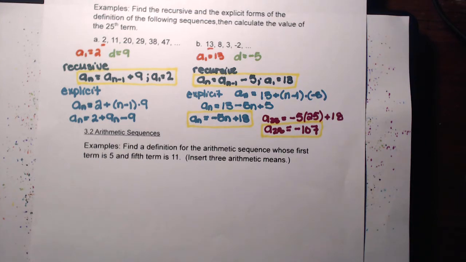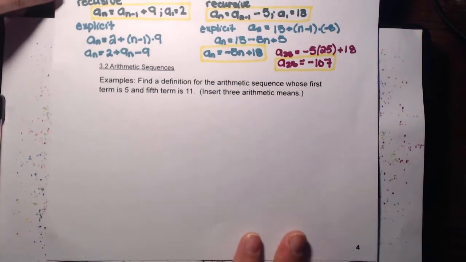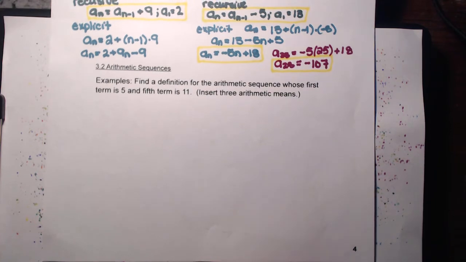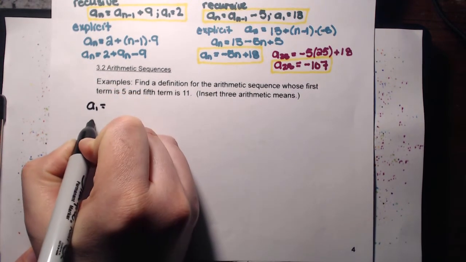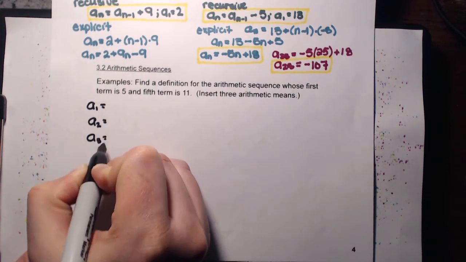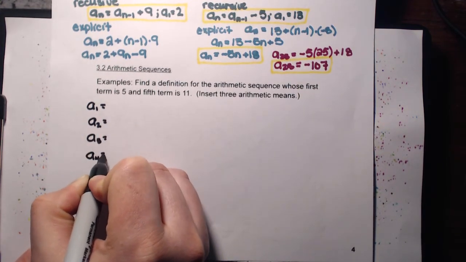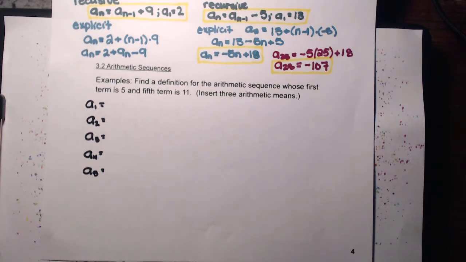This is because if we list this out, we have our first term, second term, third term, fourth term, fifth term, and I could keep going with this.